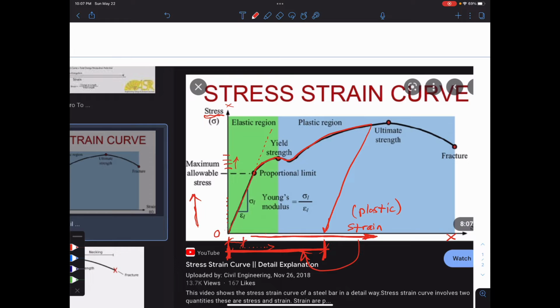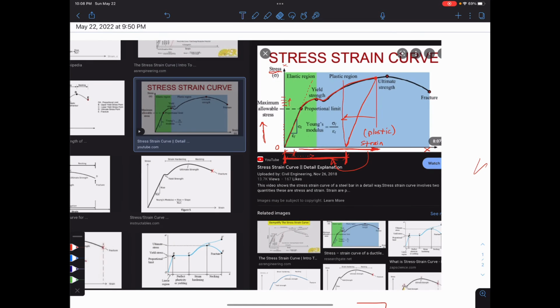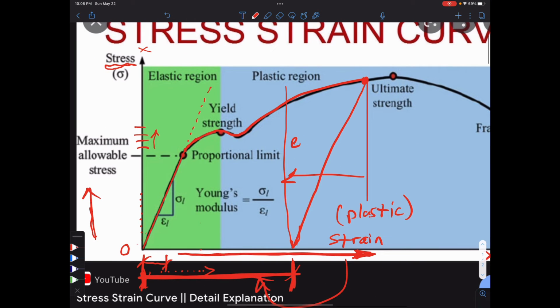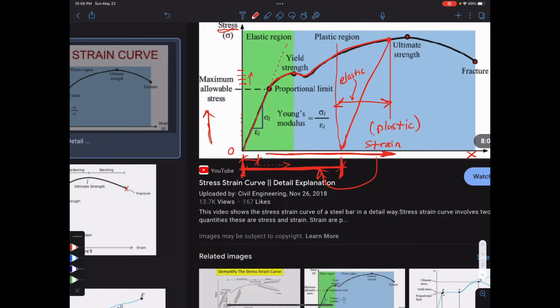The amount of movement back, so if you look at this material here, when you let go, it goes from here to here. Do you see that movement back? That's how far back it jumps. That's the elastic portion of the strain. The rest, right down here, is plastic.